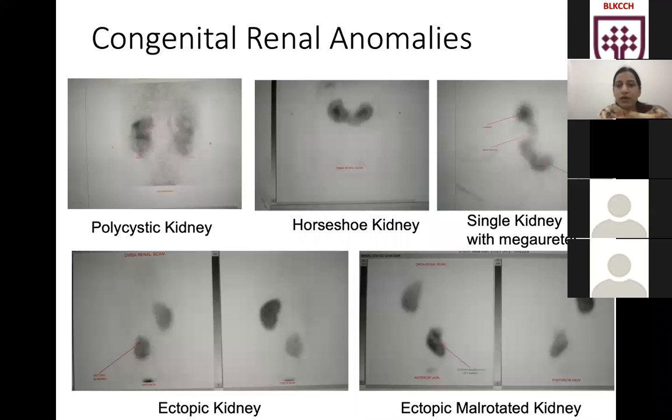So another role of DMSA is detection of congenital renal anomalies like polycystic kidney. Here you can see a moth-eaten appearance, and a horseshoe kidney, and you can also determine the function of each of the moieties of a horseshoe kidney; single kidney with a megaureter, ectopic kidney, ectopic malrotated kidney, and even multicystic dysplastic kidney, though we do not need it now. But in MCDK, the DMSA will demonstrate absent function of the involved kidney.